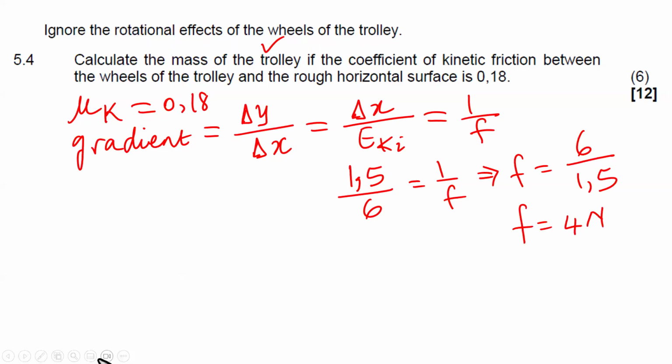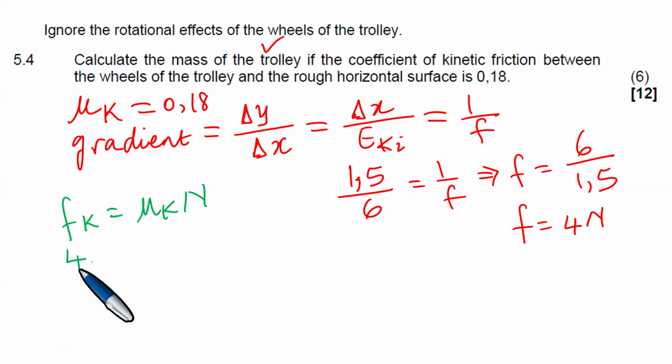So in other words, we're able to see the force of kinetic friction. Okay, now the formula we use for kinetic friction, I'm going to do this one in green, just for us to be able to see the difference. So the force of kinetic friction is equal to mu k multiplied by the normal force.